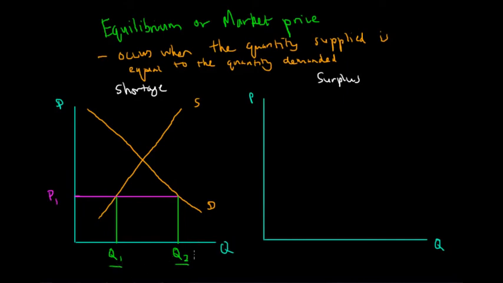So not everyone can buy the product at that price because there is only Q1 supply. People want to buy Q2 worth of goods or services, but at that price, because producers don't see any profit opportunities or only very low profit opportunities, they're only willing to supply at Q1.